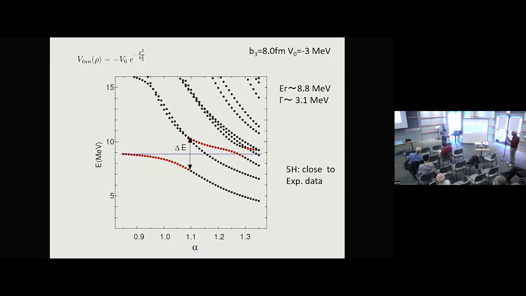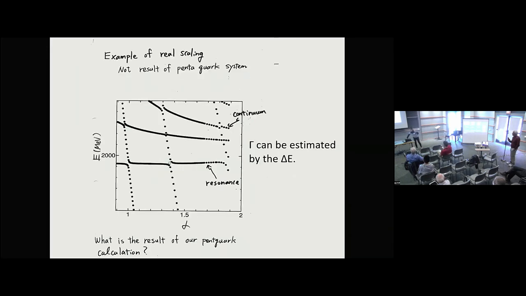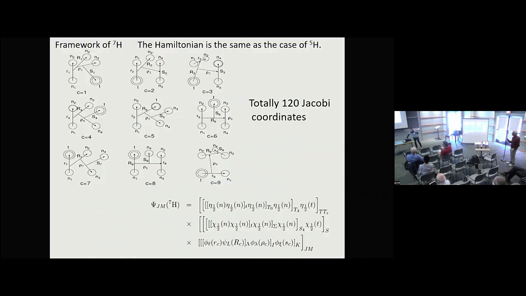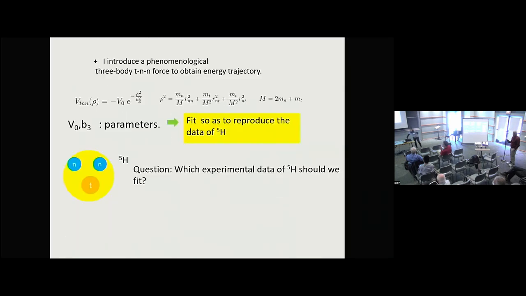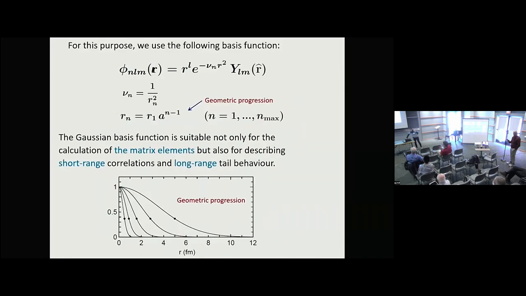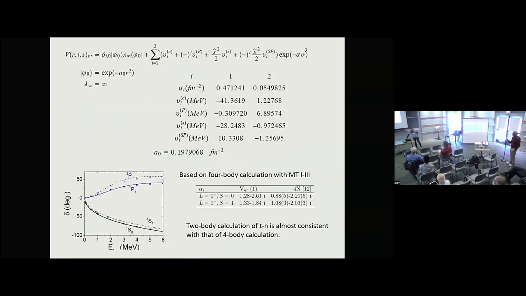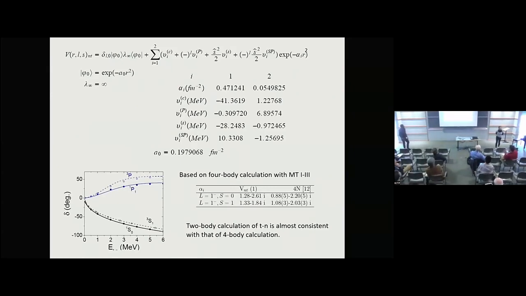I didn't see very well the neutron-triton potential you are using. Yes, it is suggested by the calculations we have done for neutron-triton scattering using a four-body calculation with a multi-tachyon potential, because we are limited by the model.